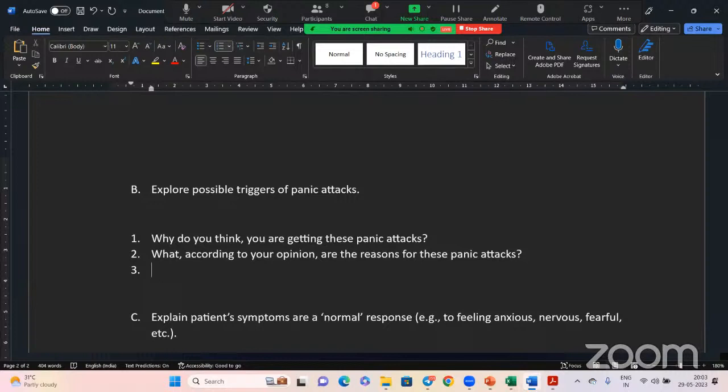Or according to your opinion, what are the reasons for these panic attacks? Or what are the reasons for these panic attacks according to your opinion? According to your opinion, you can put in the beginning or in the middle or in the end. Anywhere you can put, but you have to put in commas.